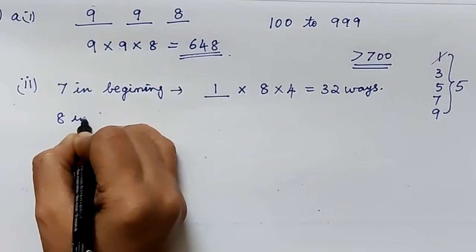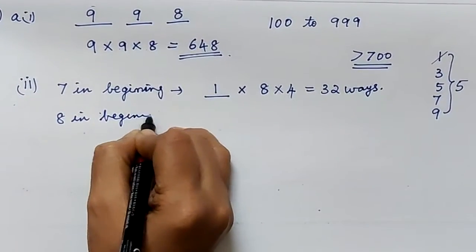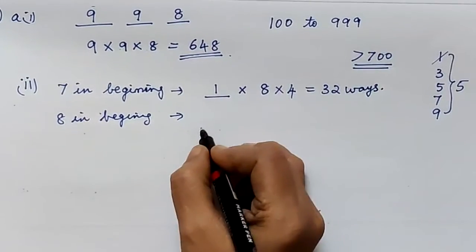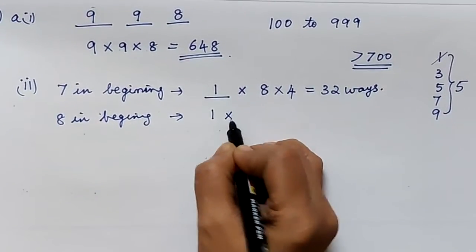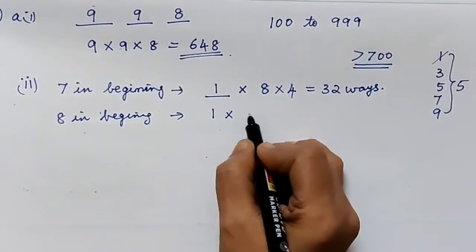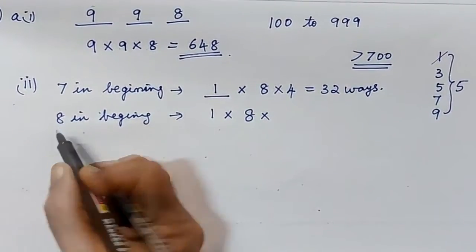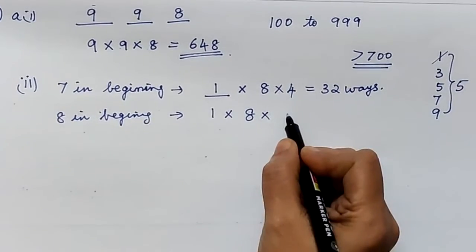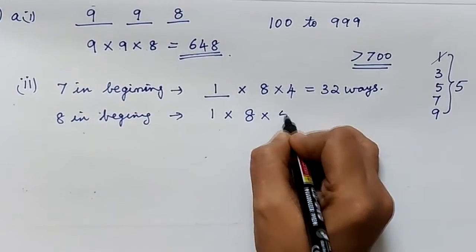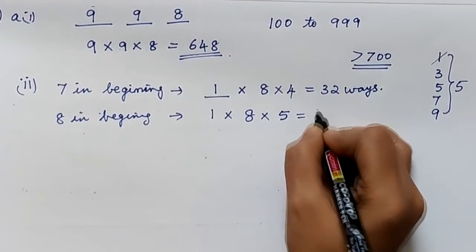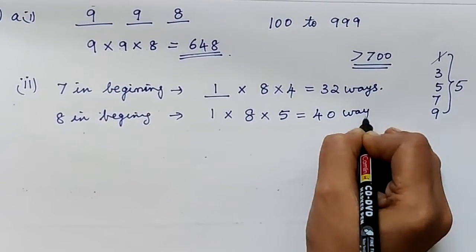Now 8 in the beginning. Suppose the number starts with an 8. So it is 1 into, then 8 is there. So again 8 numbers are there for this. As this is an even number, so all these 5 numbers can come over here. So it will be a 5. So it will be 8 times 5 is 40 ways are there.